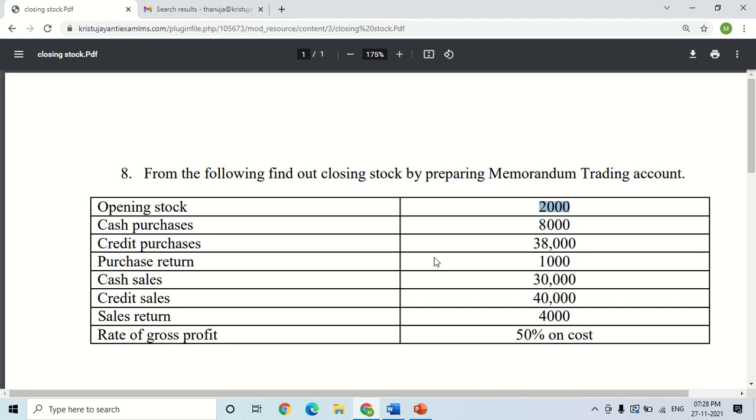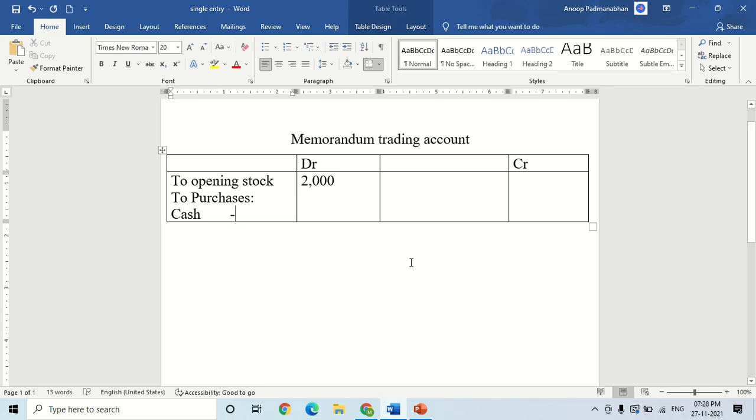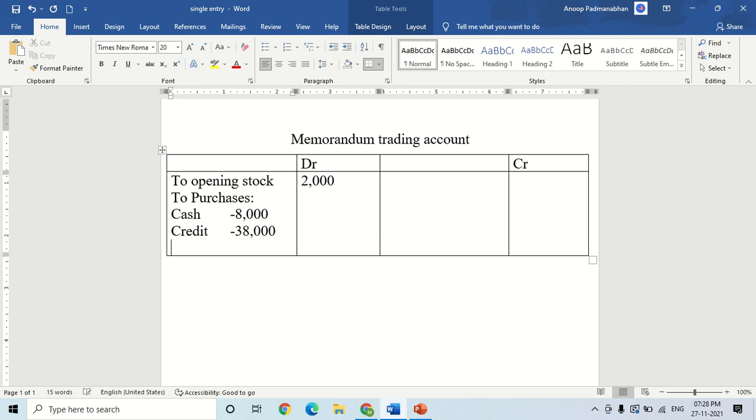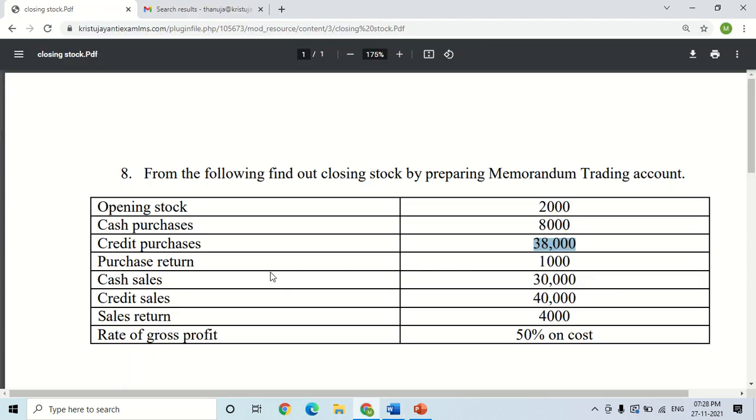Cash purchase in the question is given as 8,000 and credit purchase is given as 38,000. So we will fill in the values. Cash purchase 8,000 and the next one is credit purchase, 38,000. From this we are supposed to deduct the returns.